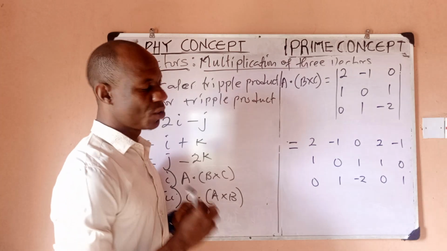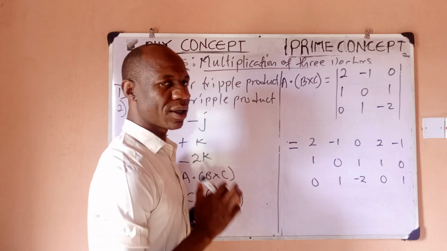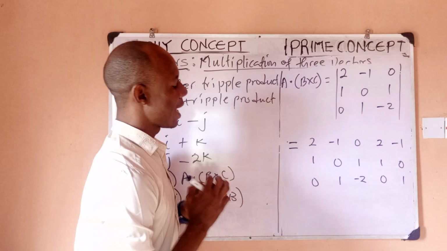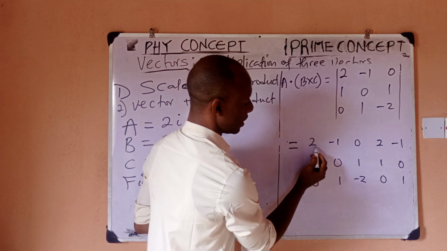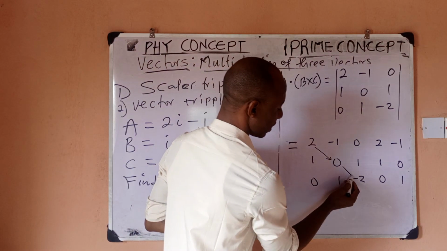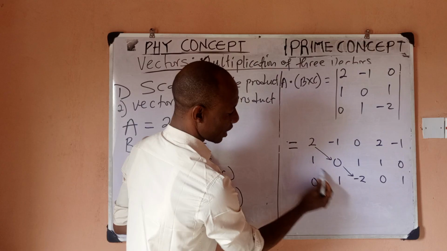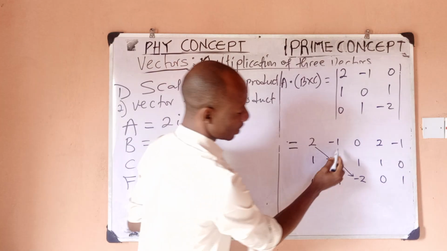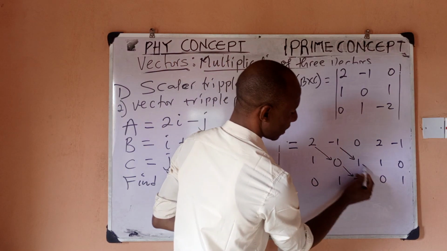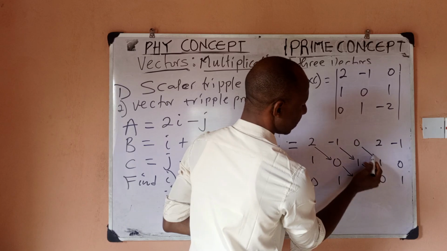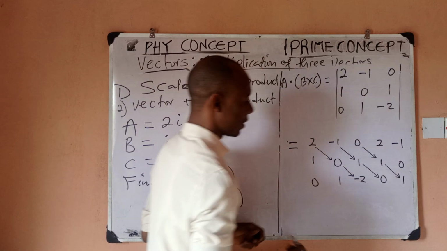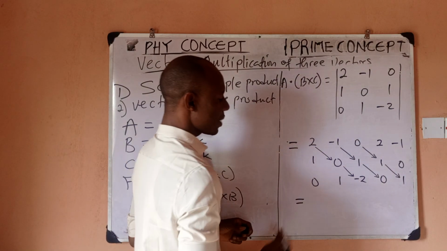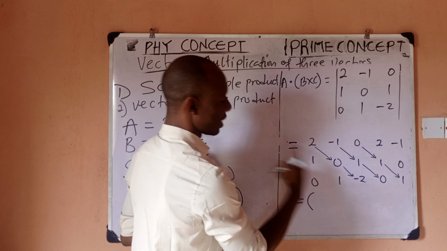Once I reproduce it, the next thing is to draw a diagonal of 3 elements. This is a diagonal of 3 elements. I'm not taking this because it is not up to 3. So I'll take this, this, this, and I'm going to multiply in this direction.